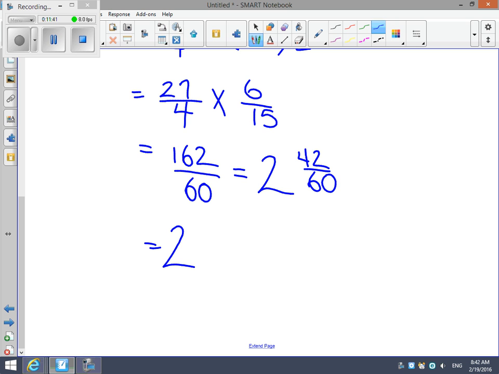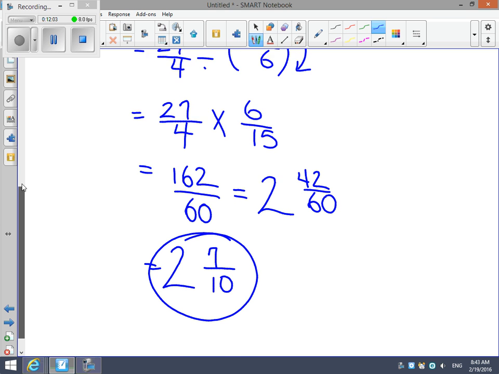So that's my biggest number. Some kids would have started off at 2, and you would be right, but then you'd have to do it again. So if we knew 6 goes into 42 because you're quicker at your multiplication facts, that will be 7, because 6 goes into 42 7 times, and 6 goes into 60 10 times. And there's your lowest terms. So there's a great answer.